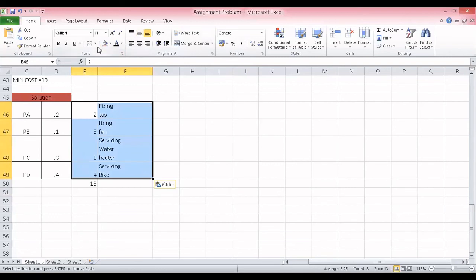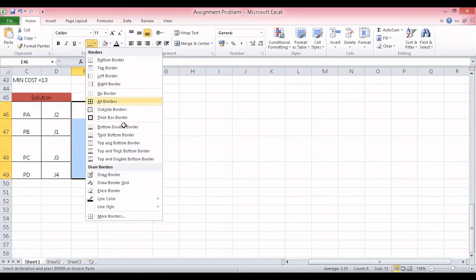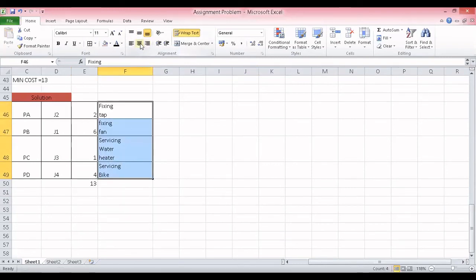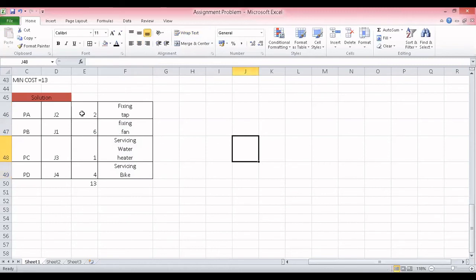This is the final job assignment for each individual person. Person A is fixing the tap, person B is fixing the fan, person C is servicing the water heater, and person D is servicing the bike.